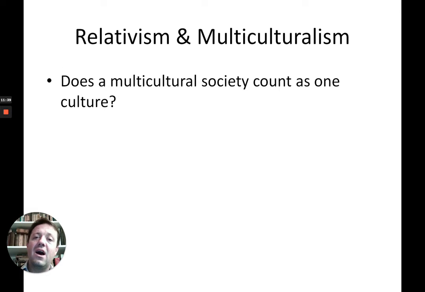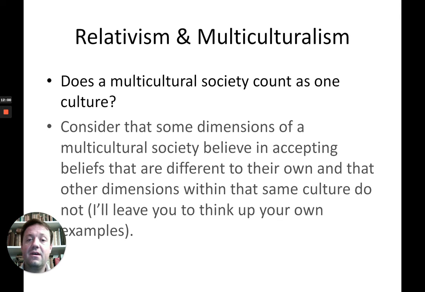In other words, could we say genuinely that British society is one multicultural society, or is it really just a conglomeration of very small cultures that happen to have the ability, most of the time at least, to get on with each other? So consider that some dimensions of a multicultural society believe in accepting beliefs that are different to their own, and that others do not.